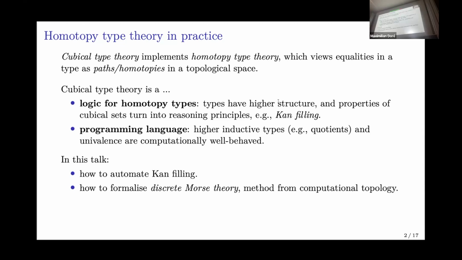This is what the first half is. Then the second half is about a concrete formalization project, where we also will need these reasoning principles. But what we formalize is something from topological data analysis, or roughly speaking, computational topology. Computational topology is a very natural area to be formalized in Cubical Agda because we want to compute, which we can do in Cubical Agda, and we want to talk about topology, which we can do in Cubical Agda. So that's quite neat.